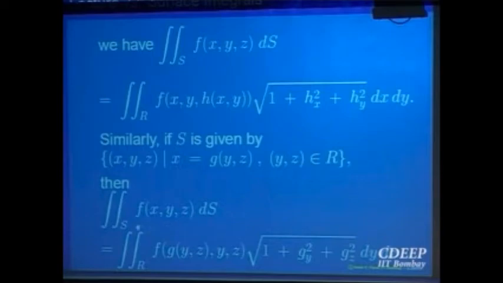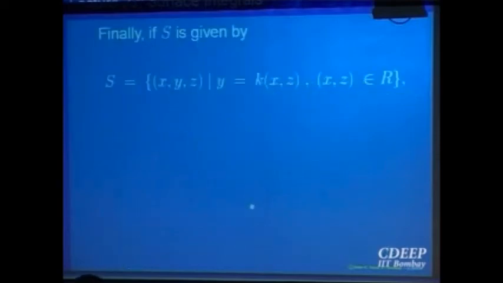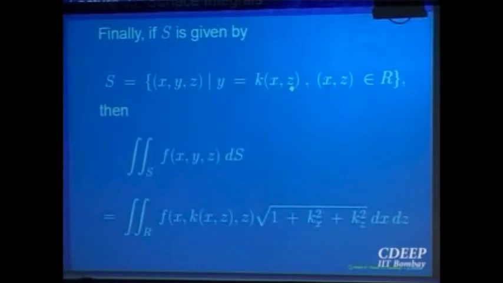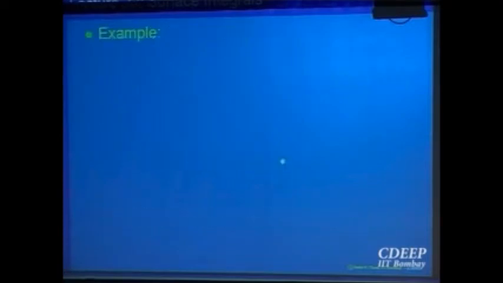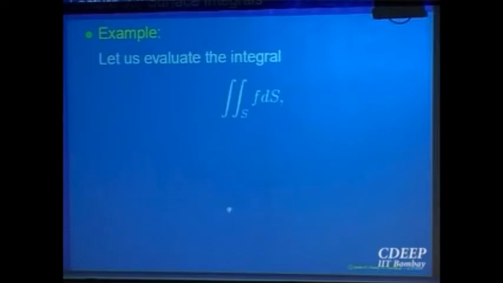So this is projectable onto the yz plane, so x is equal to a function of y and z. And similarly, there will be a third one, y representable as a function of x and z. So correspondingly, the partial derivatives and such things will come. Once you understand the basic idea, let us do one more example.